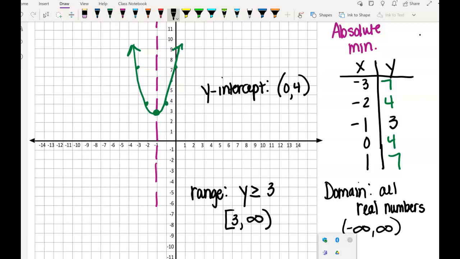Does this graph cross the x-axis? So for x-intercepts, we would say none. It is possible that you do not have an x-intercept. If the vertex is at 0, 0, that means your x-intercept is 0, 0 because it's touching the x-axis. This one is above the x-axis, so it never touches.